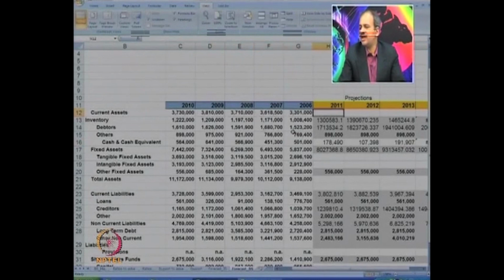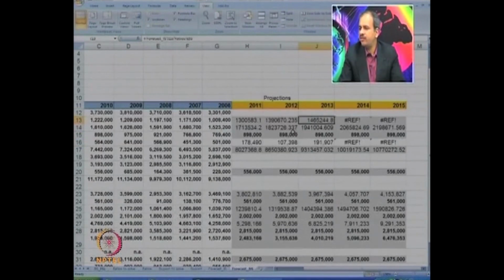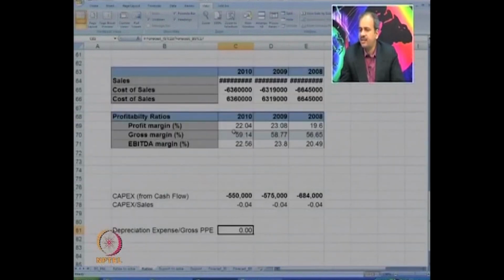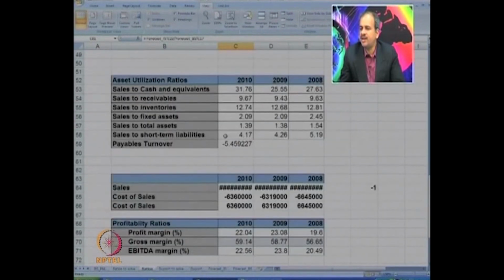So, we have the data of current assets etc. for the earlier years. Now, while projecting, what has been done is forecasted H13 is used and the ratio used is C55. If you remember, we have tried to link sales to inventory, sales to fixed assets and so on earlier, which are known as asset utilization ratios.